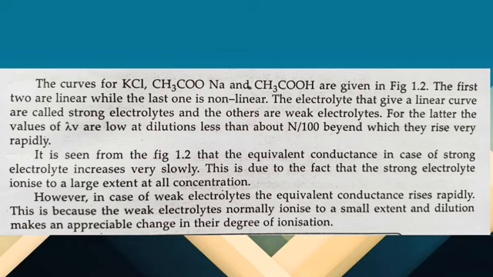However, in the case of weak electrolytes, equivalent conductance rises rapidly. This is because weak electrolytes normally ionize to a small extent, and dilution makes an appreciable change in their degree of ionization. So that is the phenomenon by which we get the curves of strong and weak electrolytes.